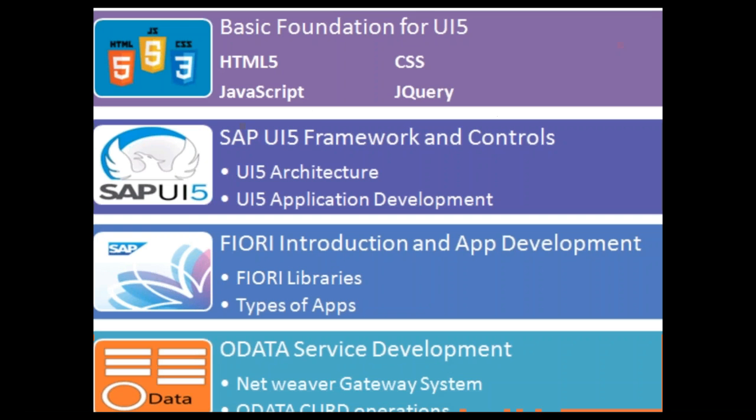I would like to first introduce you to the overall picture of the entire course. This whole course is divided into 4 pieces. The first piece talks about the basic foundation for UI5, which includes these open standards called HTML5, CSS, JavaScript, and jQuery.